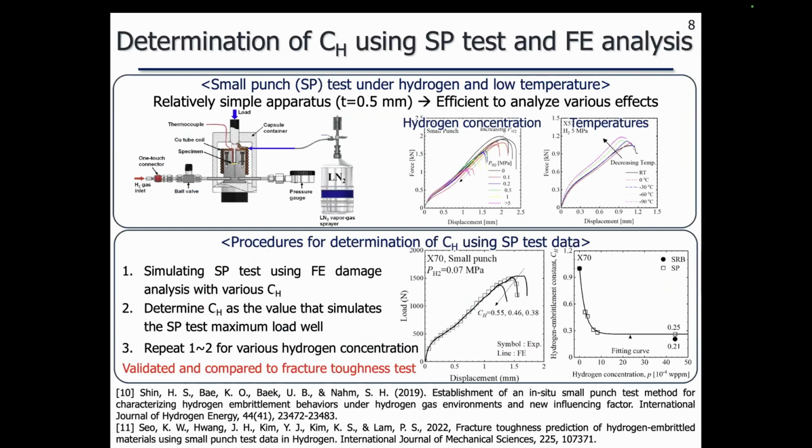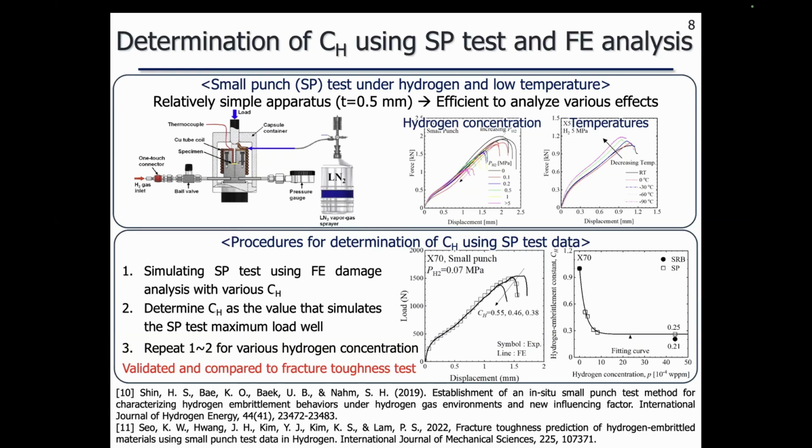In this study, the CH was determined using the small punch test data, which is relatively simple and useful to analyze the various effects such as hydrogen concentration and temperature compared to conventional experimental apparatus. For determination of CH using small punch test data, firstly, the FE damage analysis applying various CH was performed.